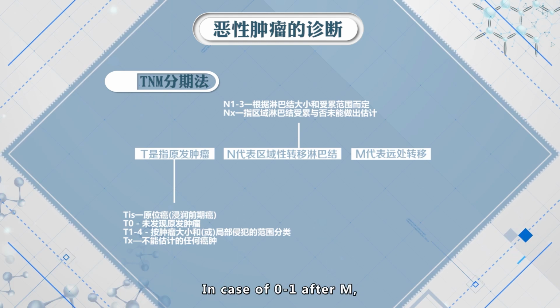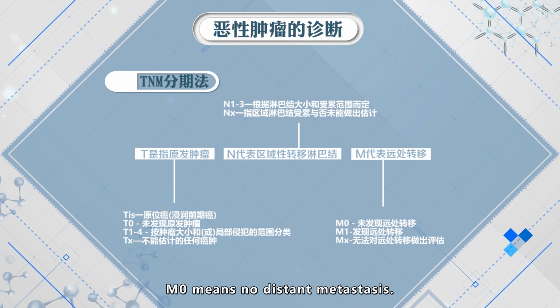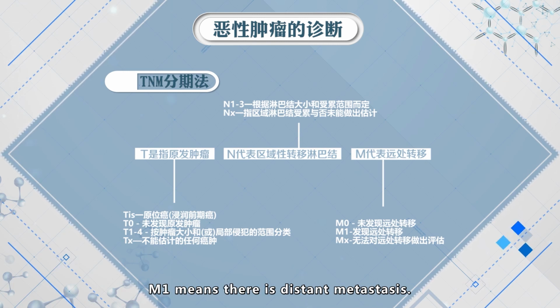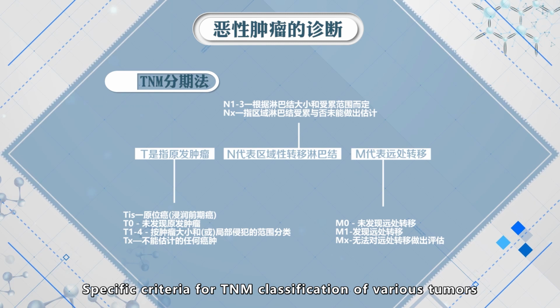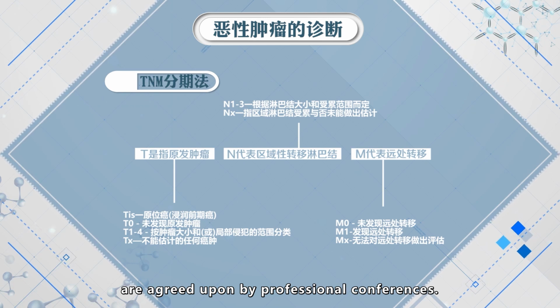M0 means no distant metastasis. M1 means there is distant metastasis. The stage of tumor is determined by these 3 items. Specific criteria for TNM classification of various tumors are agreed upon at professional conferences.